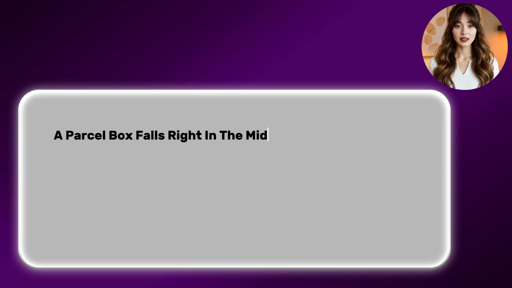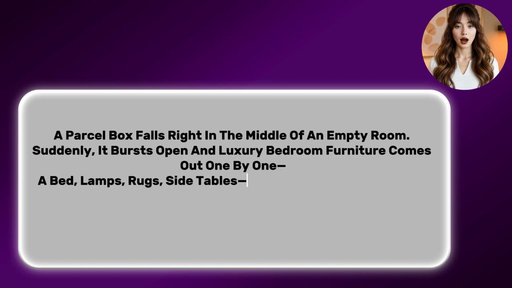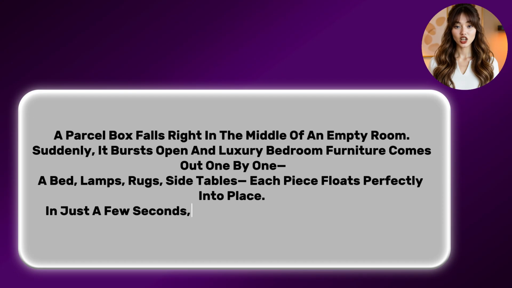Now, let's actually create the 2 CGI ads we imagined at the beginning of this video. First ad idea. A parcel box falls right in the middle of an empty room. Suddenly, it bursts open and luxury bedroom furniture comes out one by one. A bed, lamps, rugs, side tables, each piece floats perfectly into place.